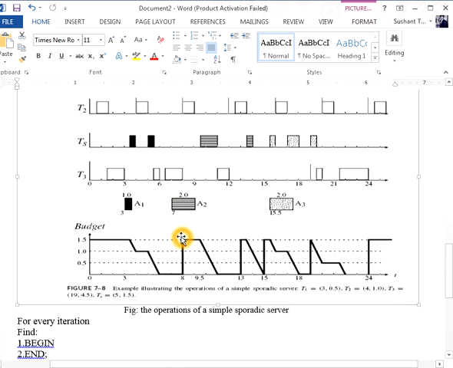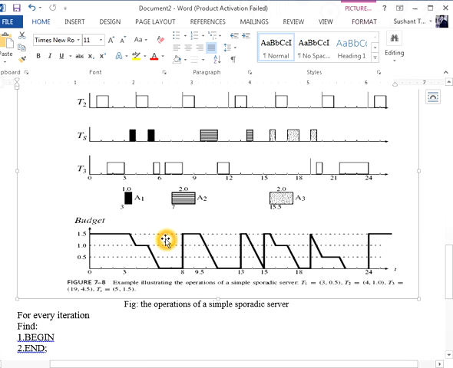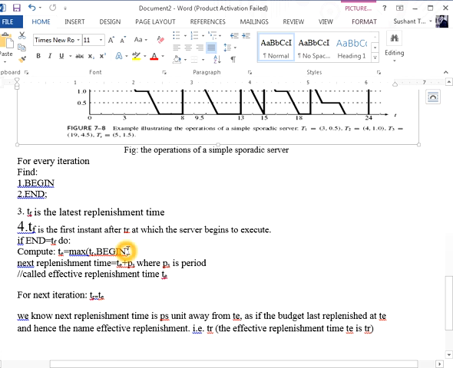Now for the other portions you can follow the same type of pattern. While making the budget chart, for the first time the begin will be 3, end will be 3.5, TR will be 0 because the budget has already been replenished at 0, and now the TE we compute by the formula.